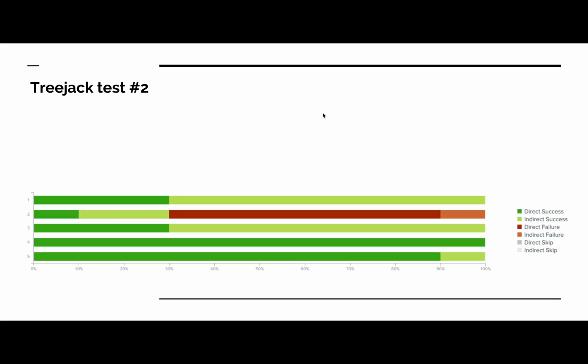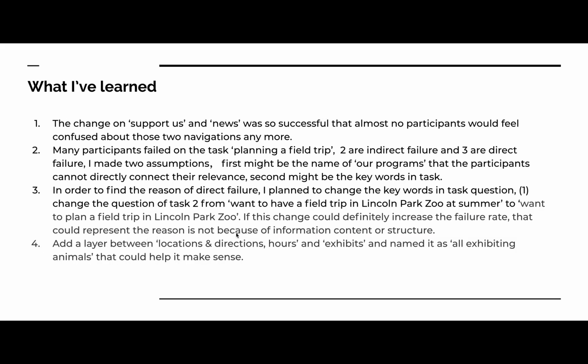So I changed the wording from do you want to have a field trip in Lincoln Park Zoo to want to plan the field trip. I used the word plan in both in order to test whether that is the reason for failure. If the failure rate increased, that proved that my assumption is true.